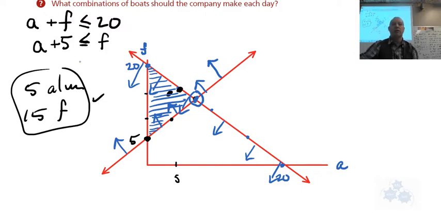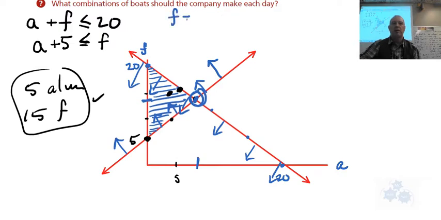If you want to find the intersection point there, because that's going to be a pretty important point to know, then what you could do is, again, these two lines here, you're trying to find the x value where the y values are equal, right? So if you let each equation, and again we're talking about the line, equal each other, then you can find out the point. So what we're going to do is say this one is, let's solve for f.